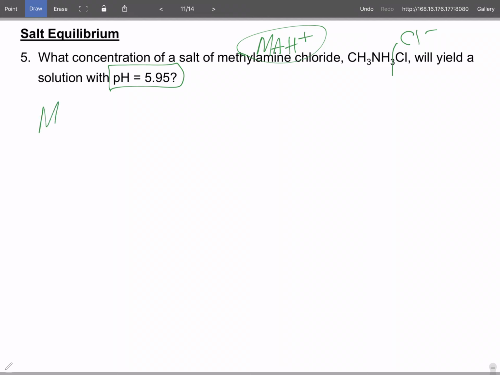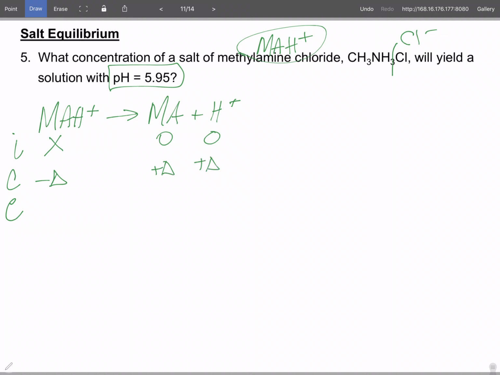So we'll do my MaH is going to dissociate into my methylamine plus H plus. ICE. So we're looking for the concentration here. We know we have 0 here. We're going to lose some amount. We're going to gain the same amount. So our final is X minus delta, delta, and delta.